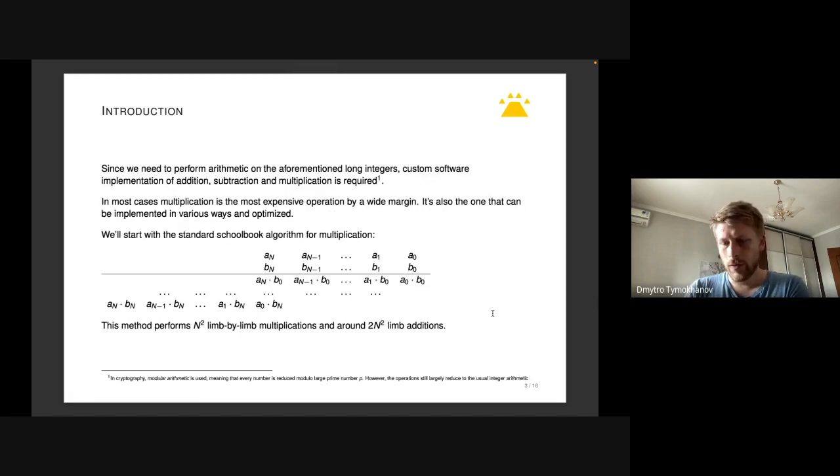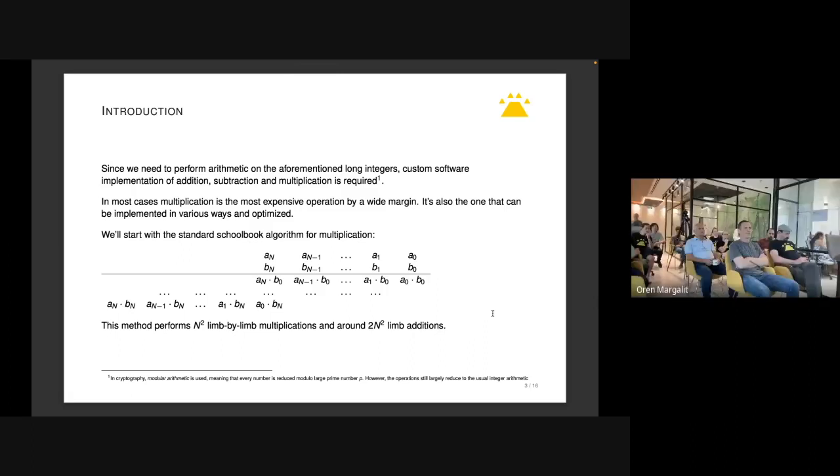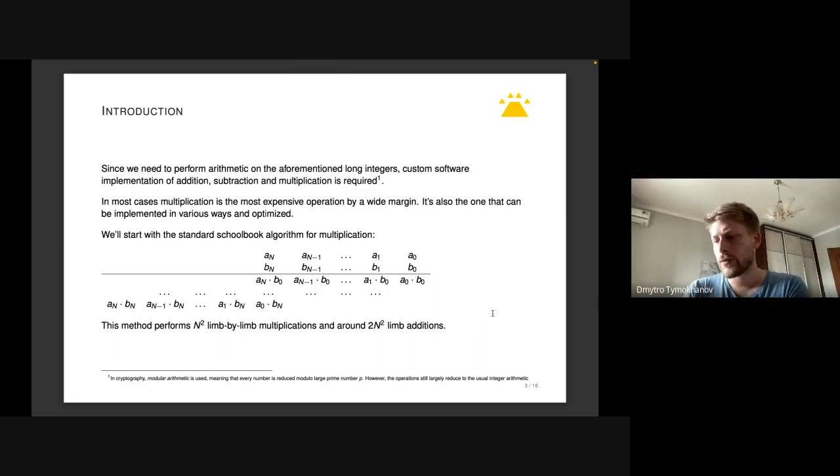Because hardware cannot manipulate such large numbers, we need a software solution in order to do the things we want to do with these numbers. Basically, the most computationally intensive operation we typically need to do in cryptography is multiplying numbers.